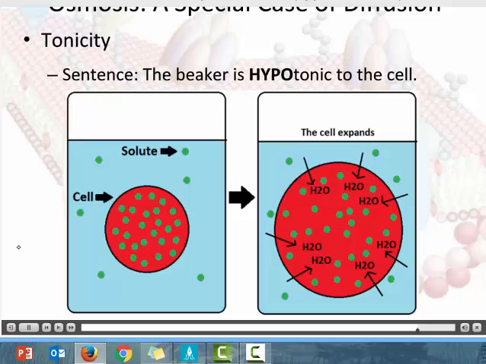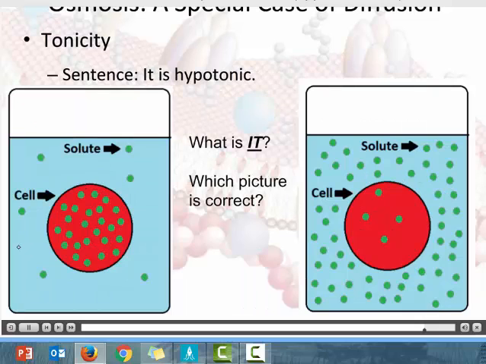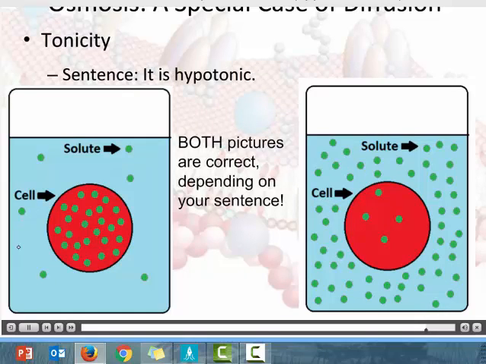So, as you can see, it's very important that you use these terms in a comparative sentence. You cannot simply say, it's hypotonic. First of all, what is it? Okay, you need to specify your subject. It is either the cell or it is the beaker, and it makes a big difference which one you're referring to. Okay, so specify your subject.